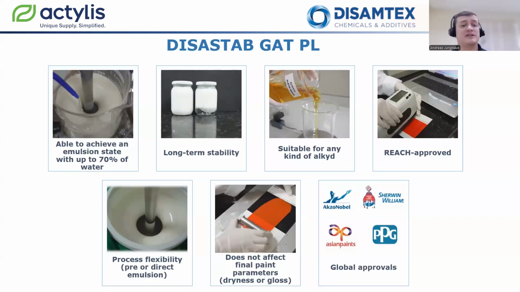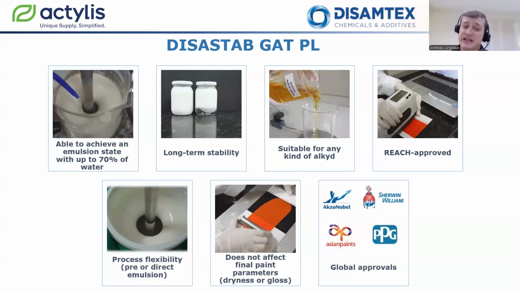So the customer can choose to go the way of either a pre-emulsion or a direct emulsion. I will explain more later, but that means the emulsifier is adaptable to different manufacturing processes, allowing producers to choose the most convenient way, the most efficient route.